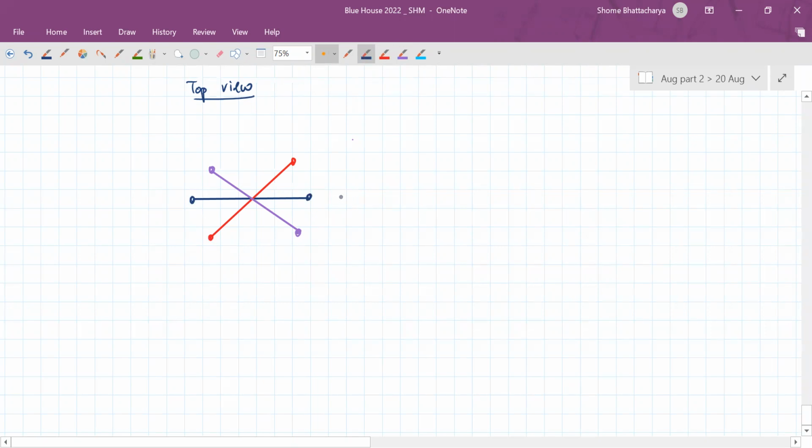So let us say this is the mean position. So these are the extreme positions.